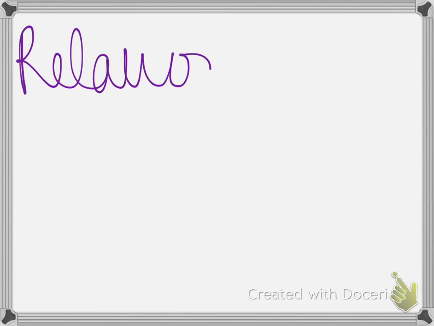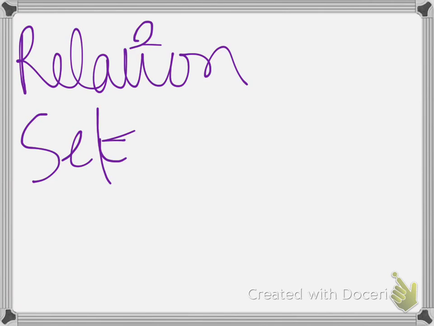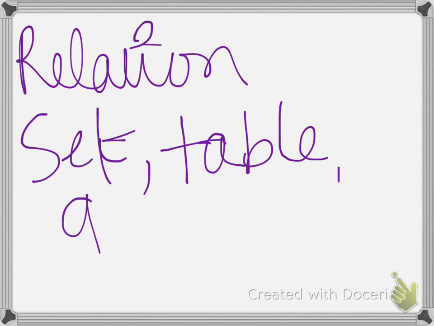Okay, so let's recap. We talked about what a relation is, and a relation, if you remember and you wrote it down, is any set of ordered pairs. And there's a few ways that we can represent relations. As a set, as a table, as a graph, we can show the relation.